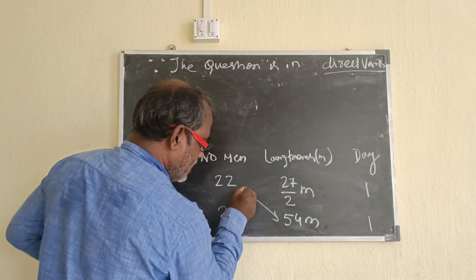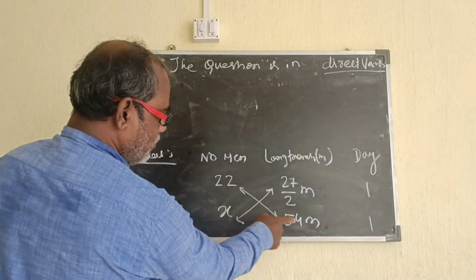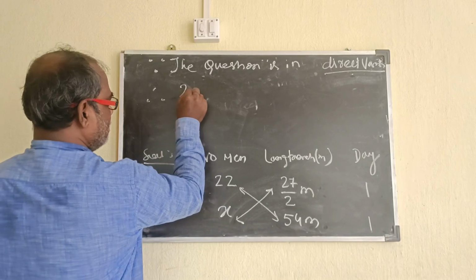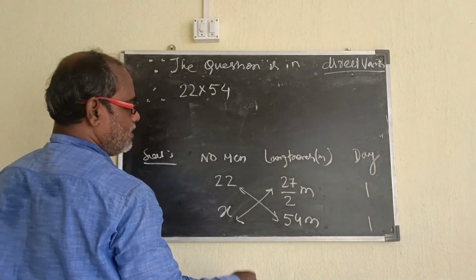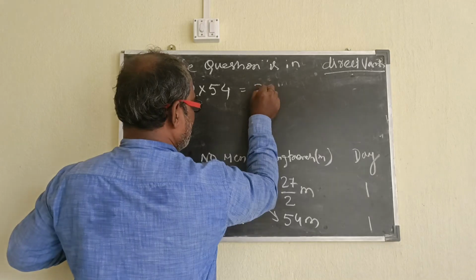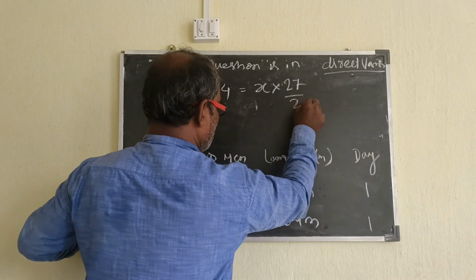So you multiply this 2 and this 2. That means 22 into 54 is equal to x into 27 by 2.